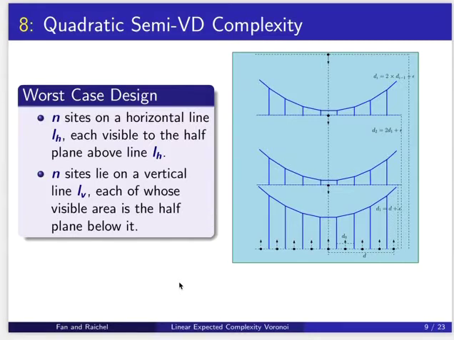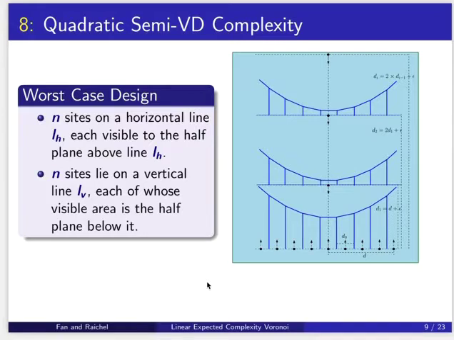Now we demonstrate an example to show that the semi Voronoi diagram has worst-case n-squared quadratic complexity. The worst-case design is as follows. At first, we put n sites on a horizontal line LH, and each is visible to the half plane above that line. And then we put another n sites on a vertical line, and the visible area for each is just the half plane below it.